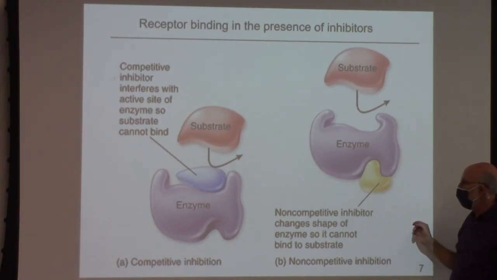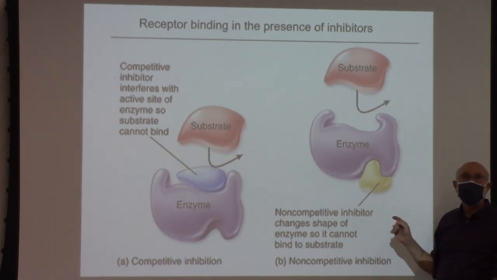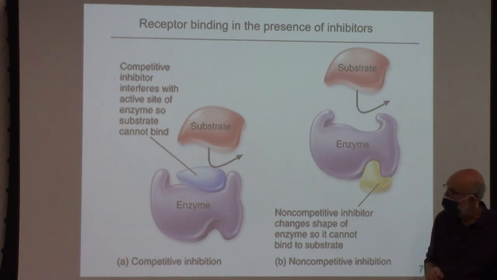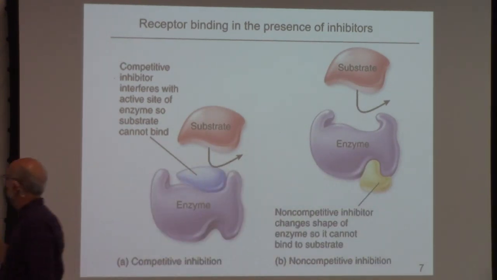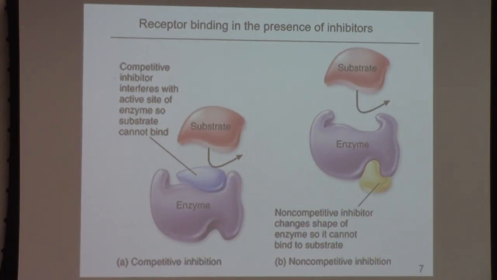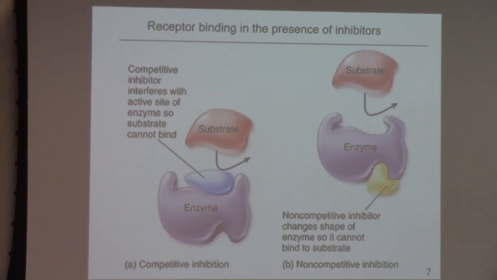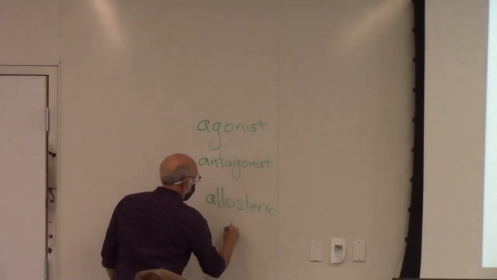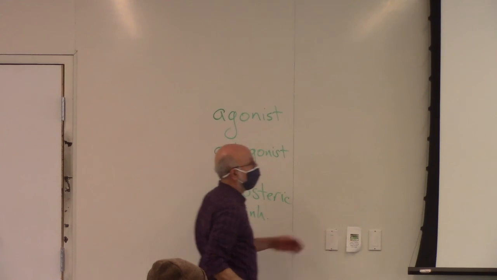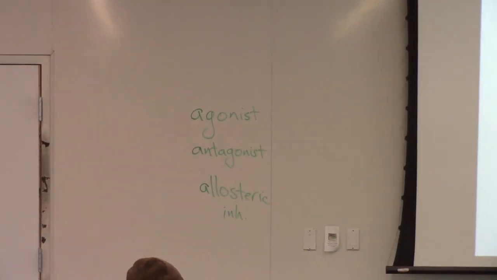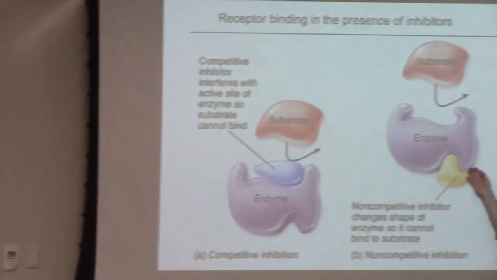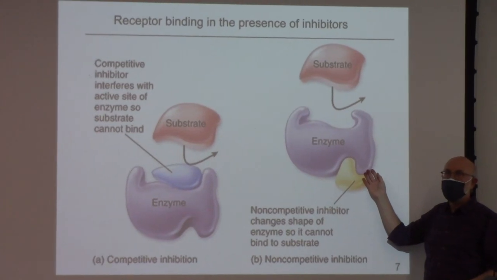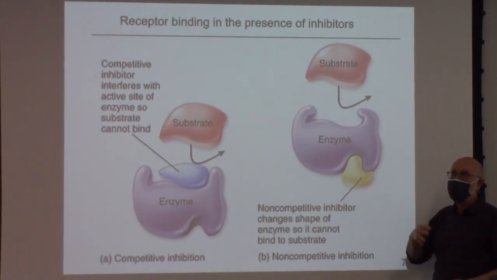They are called allosteric inhibitors. So competitive inhibitors, non-competitive or allosteric inhibitors. Allosteric means just different place.